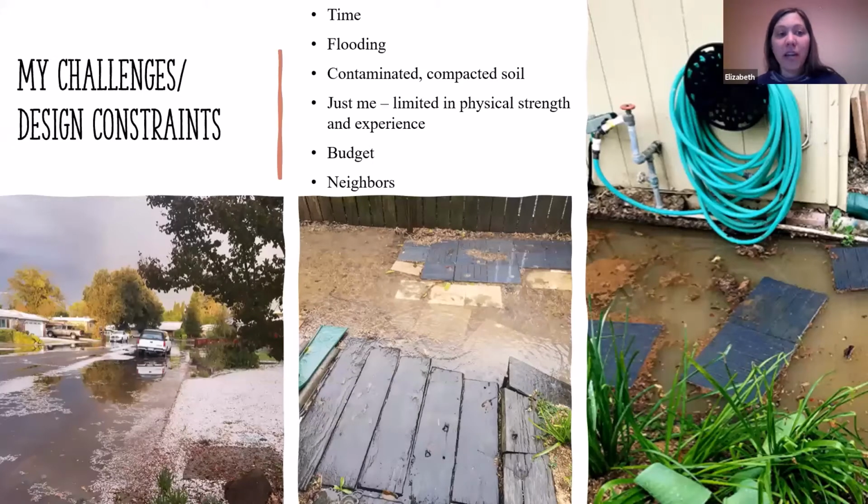So the constraint of that is that I didn't want to be problematic on our street. I obviously didn't want a lawn, but I didn't want to create something unsightly or something that looked like a food garden necessarily. I wanted it to be something that people could appreciate visually and find the aesthetic value in, even though it was surrounded by green lawns. So that was part of the people care aspect of my design.